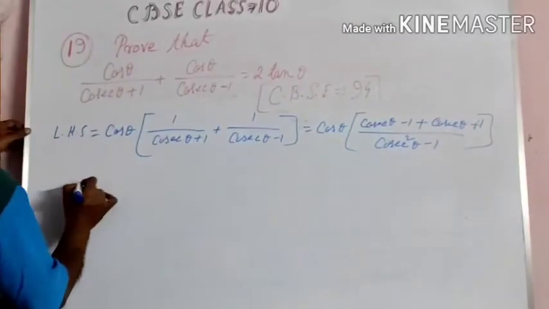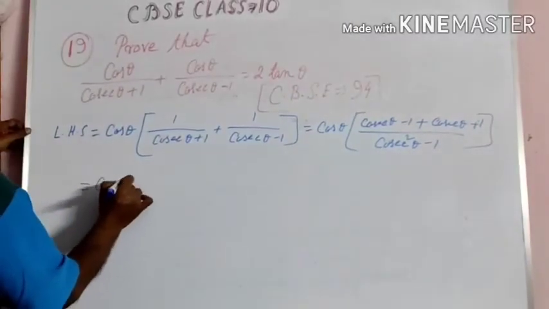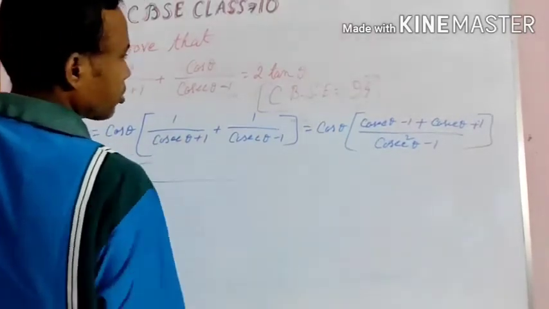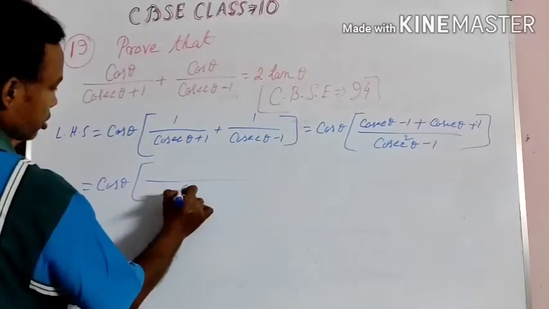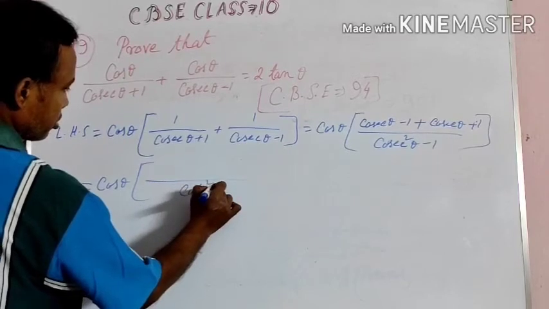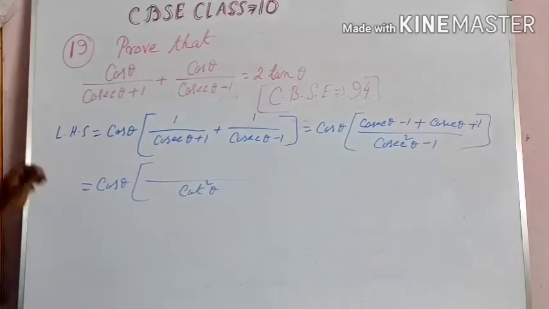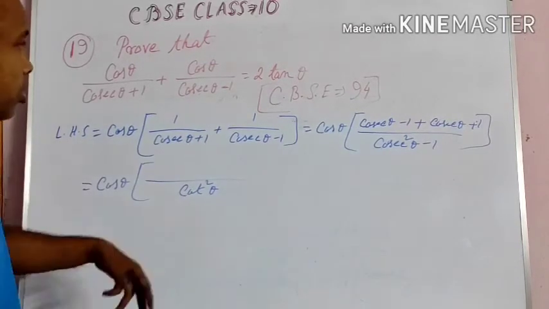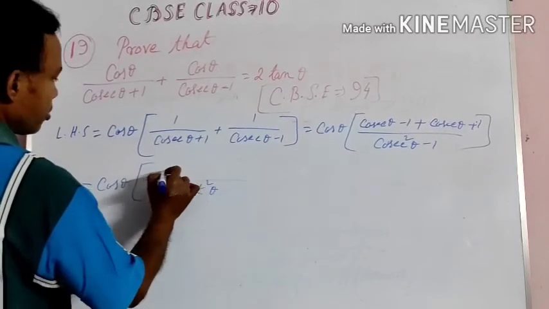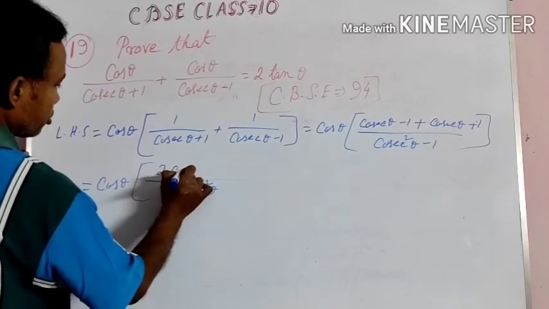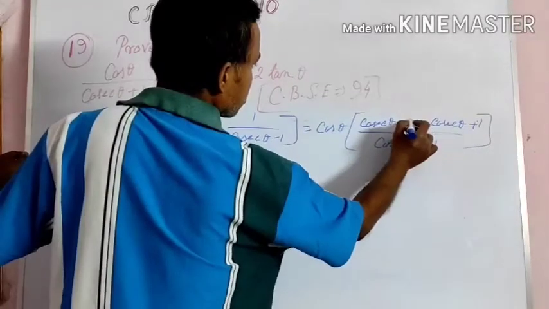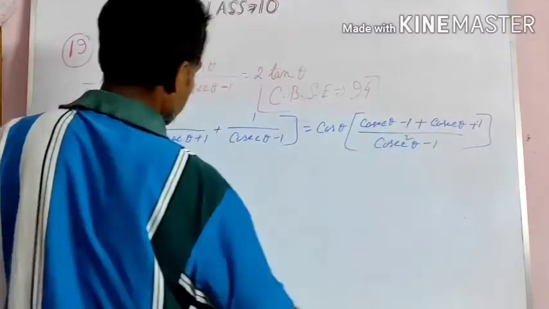So you will get again cosec square minus 1 is equal to cot square theta, because cosec square theta is equal to 1 plus cot square theta, then cosec square minus 1 is equal to cot square theta, and in the upper end is equal to 2 cosec theta. Cosec theta, cosec theta, 2 cosec theta, 1 plus 1 minus 1 cancel out.